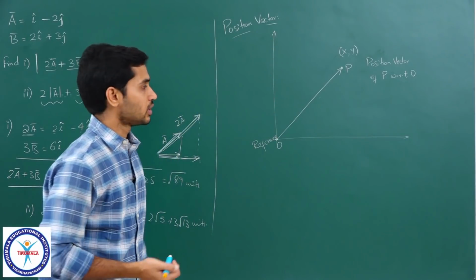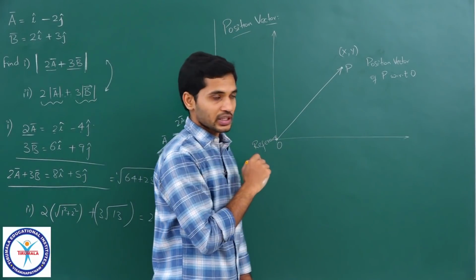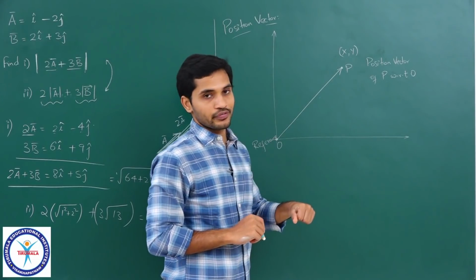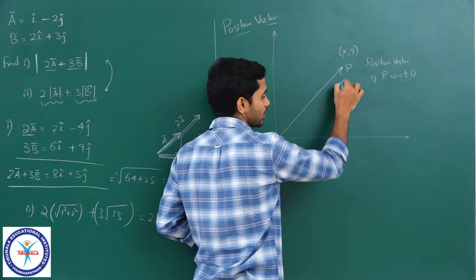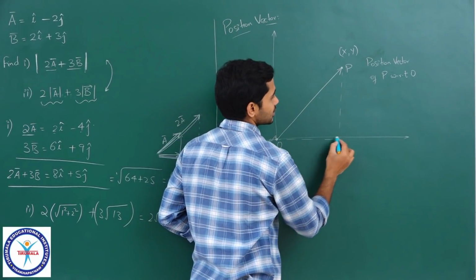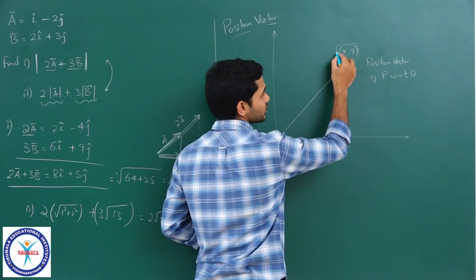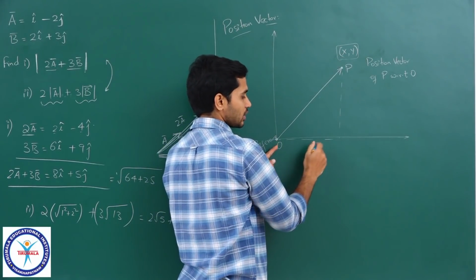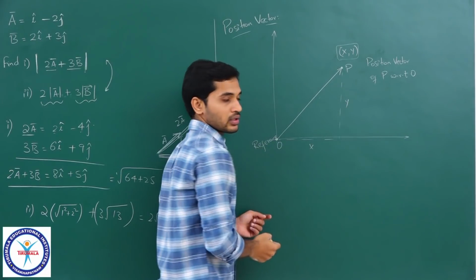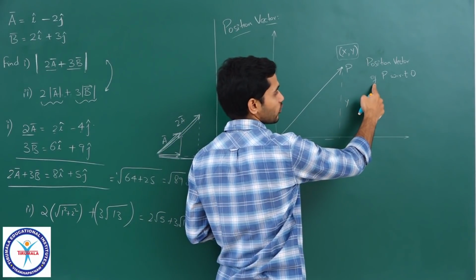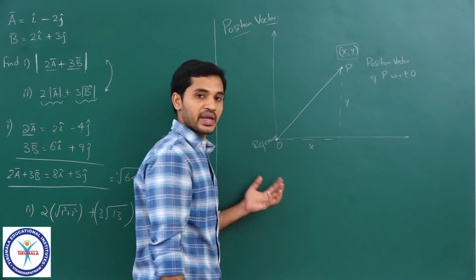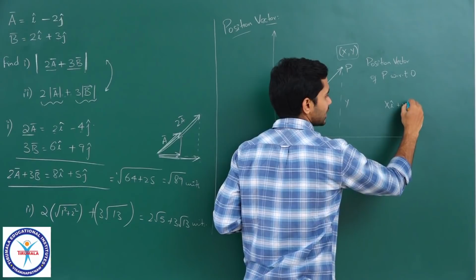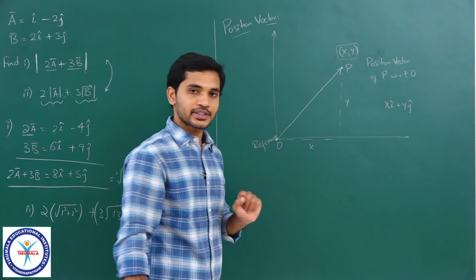That is what we mean by a position vector. Now, if you observe closely, if I have to write this position vector in component form, what will I do? I will drop a perpendicular like this, and if this point has coordinates of x comma y, can I say that this length is x and this length is y? So, this is x, this is y, which means position vector of P with respect to O, can I write it as x i cap plus y j cap, correct, students?